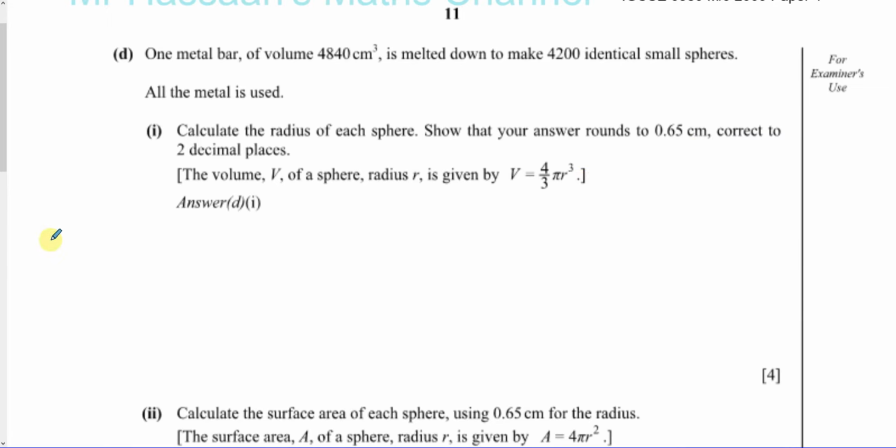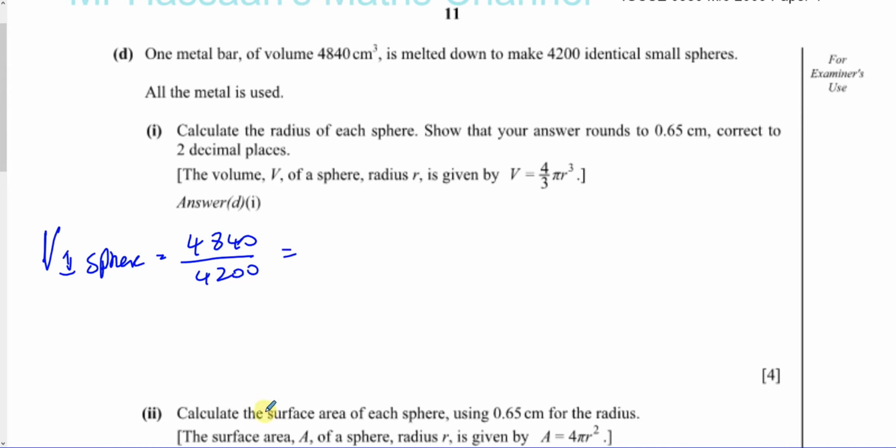So we can say the volume of one sphere is going to be 4,840 divided by 4,200.